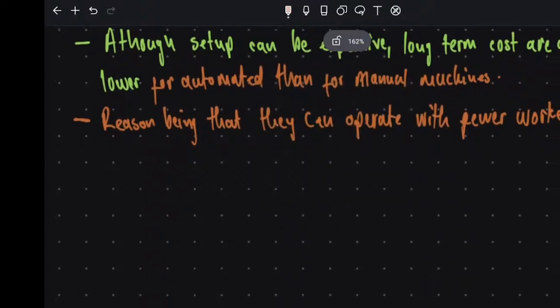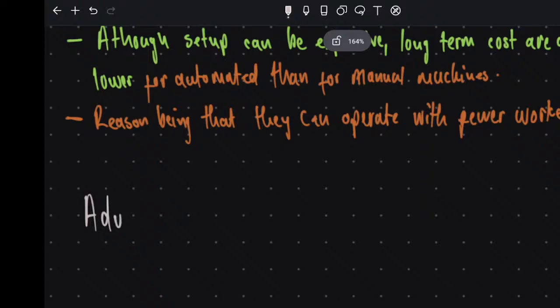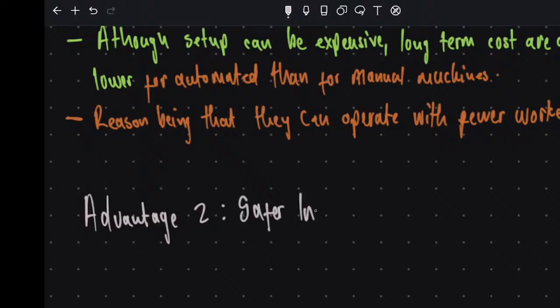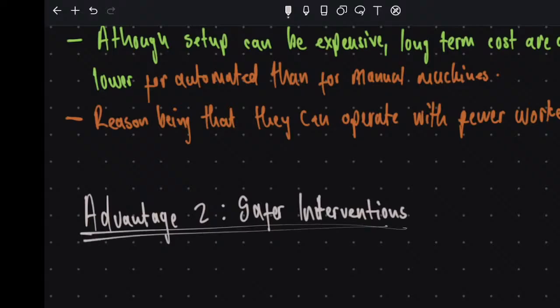Advantage number 2 is that there are safer interventions. Let me tell you something. If you put your hand by mistake on these manual machines that are not automated, remember when it's automated, it controls itself.